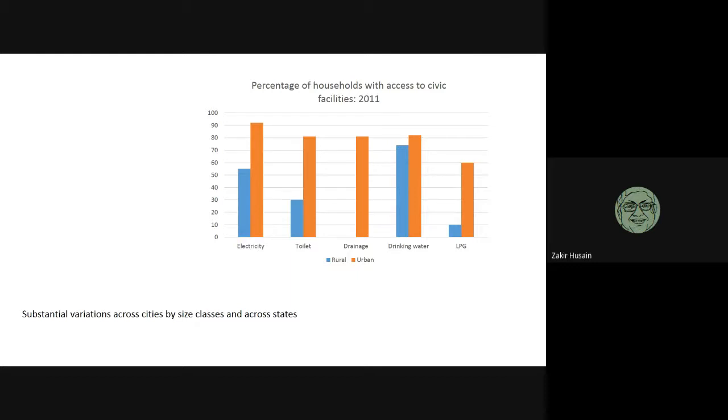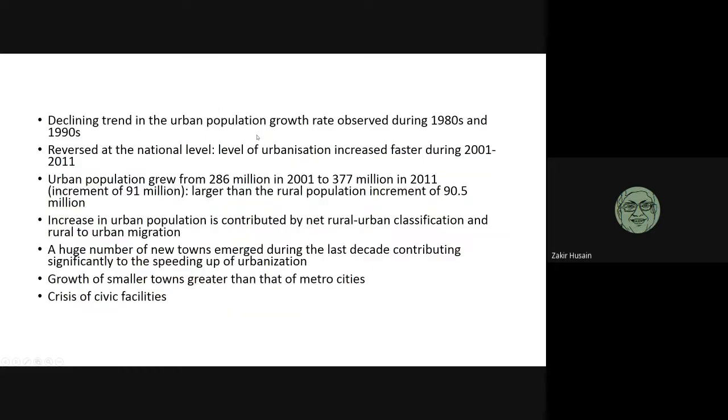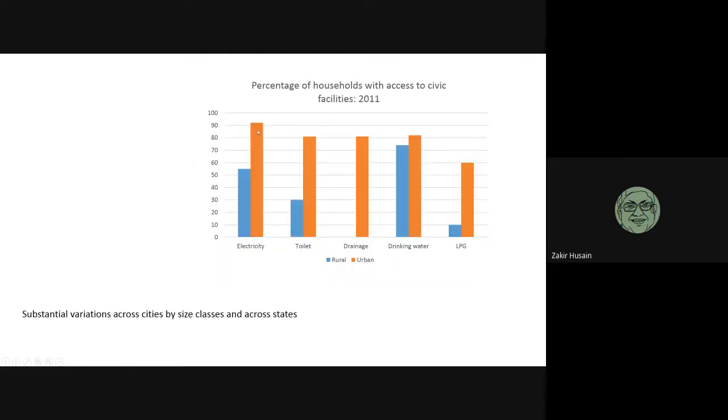If we look at the rural urban differences, we can see that it's higher in urban areas, which is to be expected. If you look at electricity, pretty high, satisfactory. Toilet facility is coming down, drain pretty low. Water 80%, LPG very low, 60%. So why is LPG important?